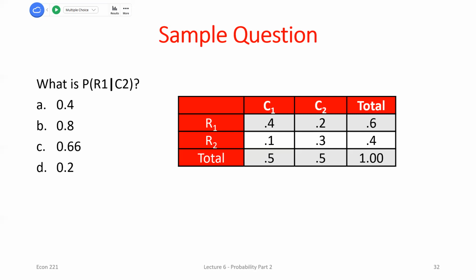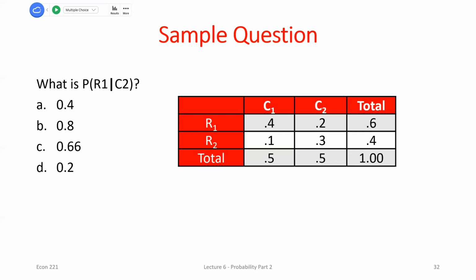So the intersection of those 2 things. And then I divide by whatever I'm conditioning on. Well, what am I conditioning on here? The event of C2. Well, now I can get these from the table. What's the intersection of R1 and C2?